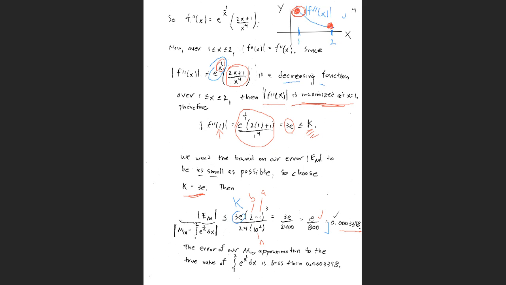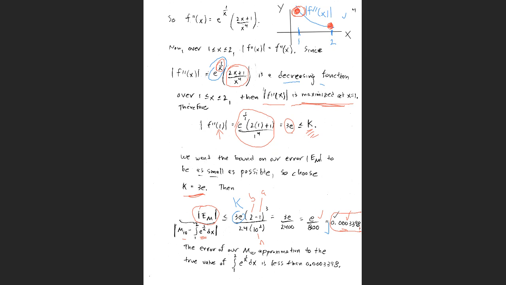So the error in approximating the integral using a midpoint rule with 10 subintervals, that approximation that we found, which was 2.019101885, is within about 3/10,000ths of the true value.